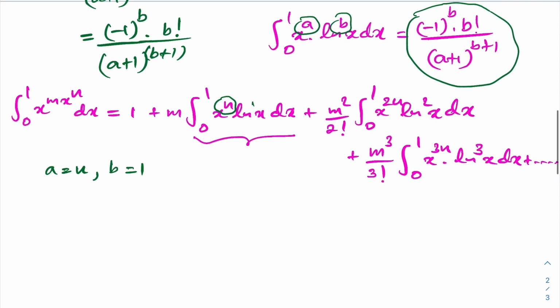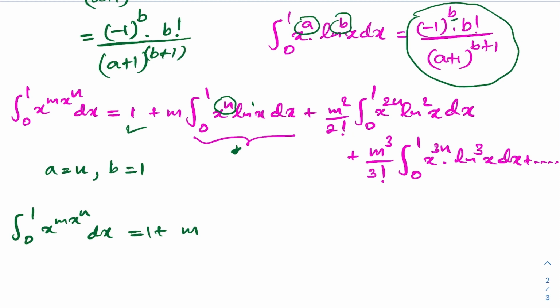So we can write, if we take our integral 0 to 1 x raised to the m x raised to the n dx, it is equal to 1 plus m times this integral, where a is equal to n and b is equal to 1.